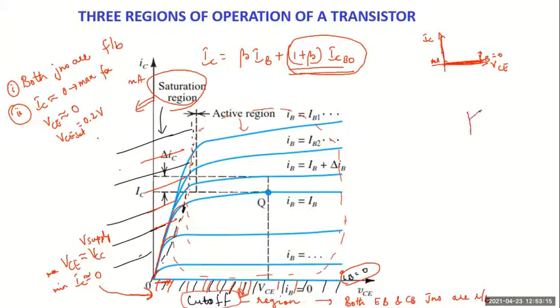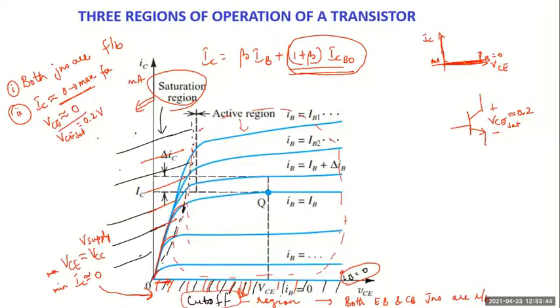So whenever a transistor is conducting or in saturation, the voltage between collector and emitter will be approximately 0.2 or 0.3 volts. So I can approximate that to 0. The voltage drop across the transistor is very small, whereas current increases to maximum during saturation.